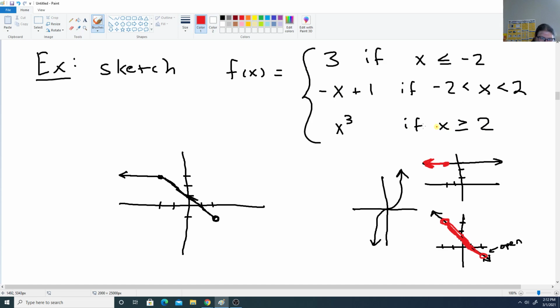At 2 cubed is 8, so at x equals 2, the y value is way up here at 8. And we're going to use a closed dot, and we want to keep for x greater than 2 just this part of the curve that heads upwards like x cubed. So for 2, let's see, here's 4, 5, 6, 7, 8. At x equals 2, the rest of our graph for the cubic is way up here at 8, and we're just going to move on with that cubic shape.